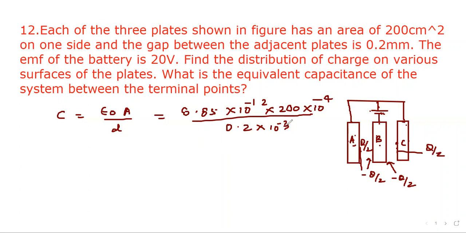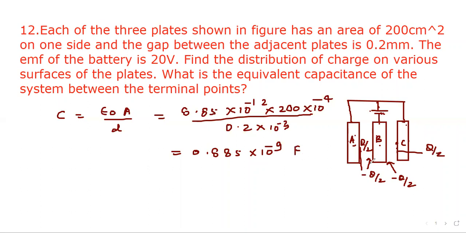So on simplification, we will get this as 0.885 into 10 to the power minus 9, or we can write this 10 power minus 9 as nanofarad.